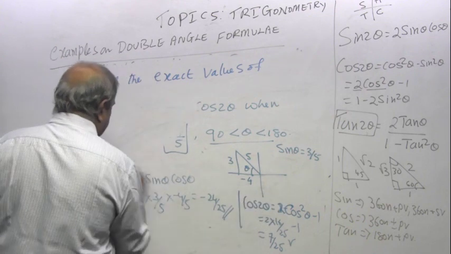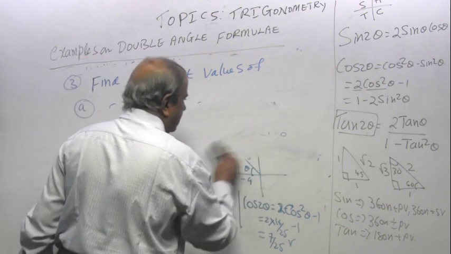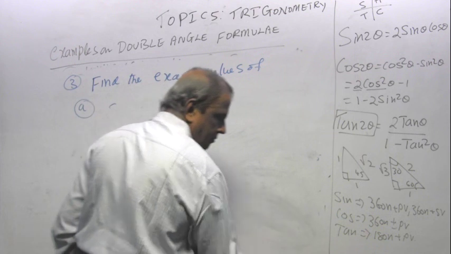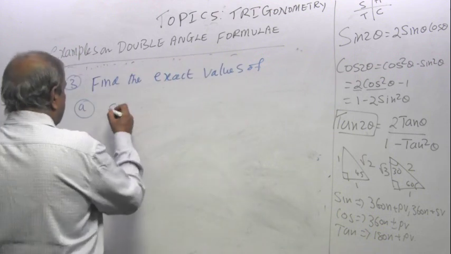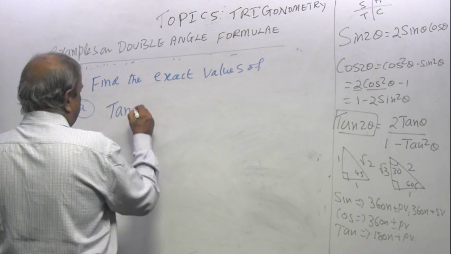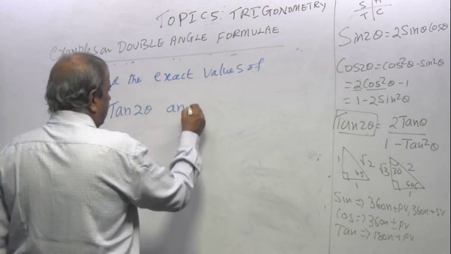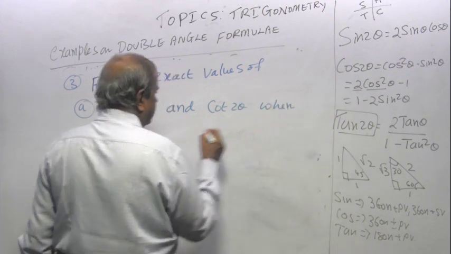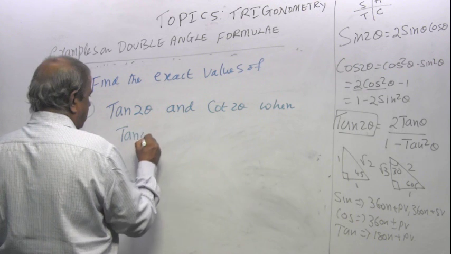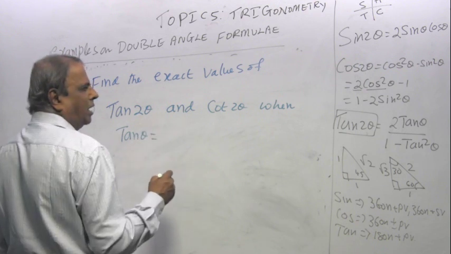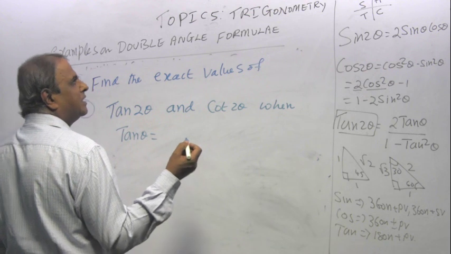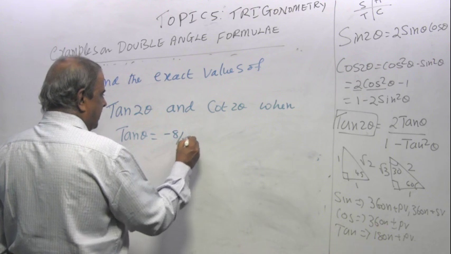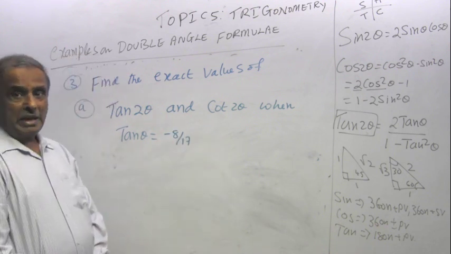I will take part B. Find tan 2 theta and sin 2 theta when tan theta equals, I'm just making up a question, 8 over 15.